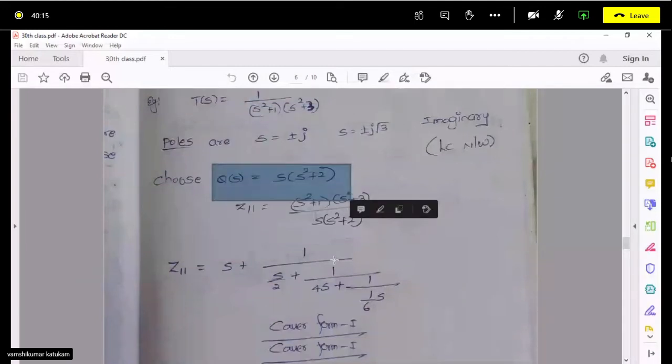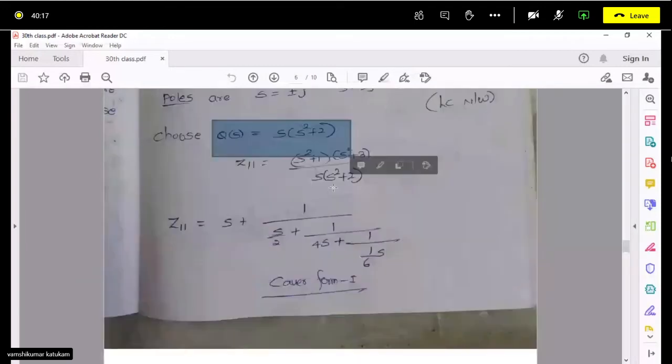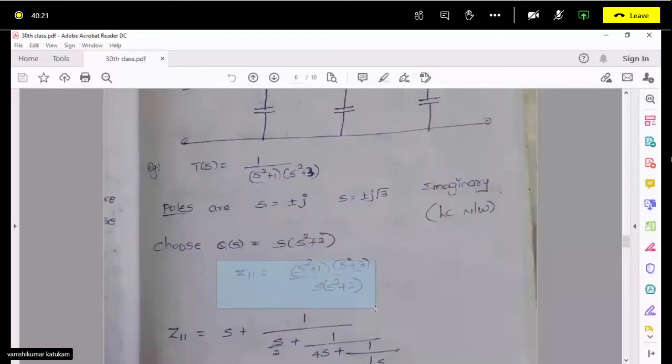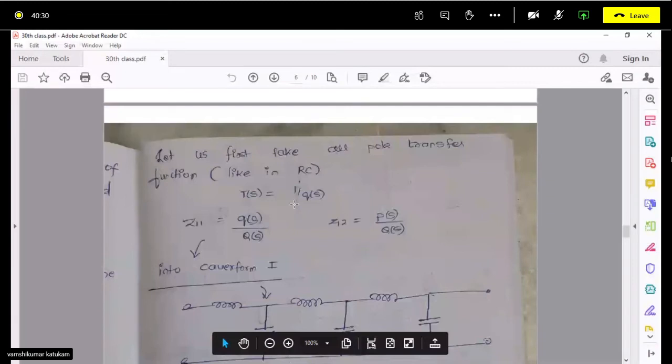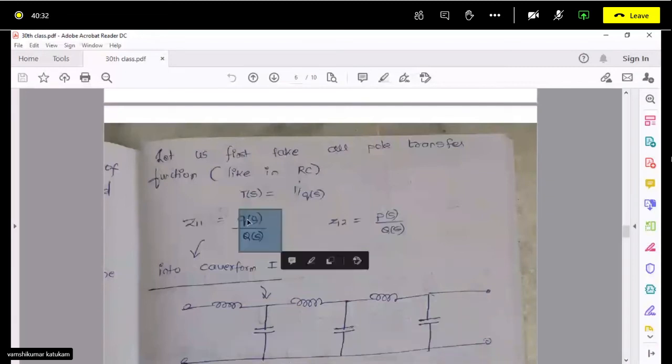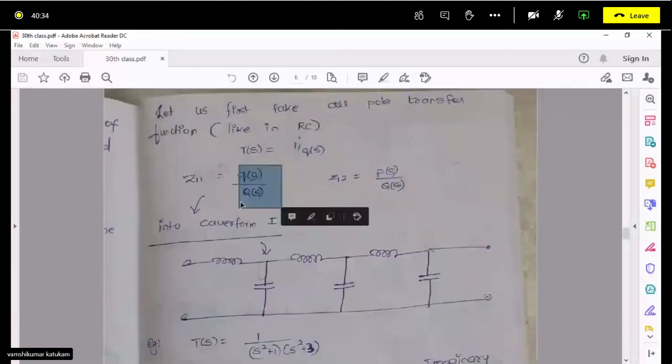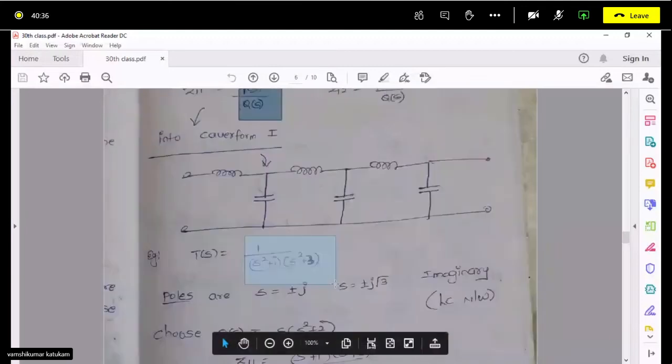You have taken this form, right? So what is the next step? This is your driving point impedance function, which is small q of s upon capital Q of s. The next thing is to realize it into Cauer form 1, because it is in this 1 by P form.